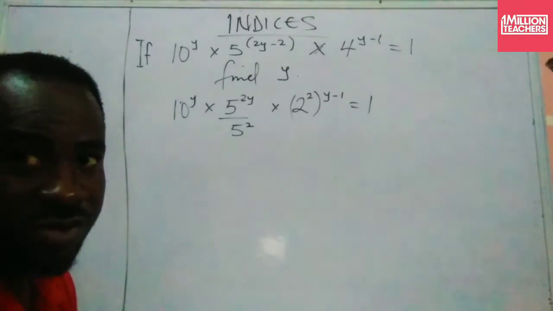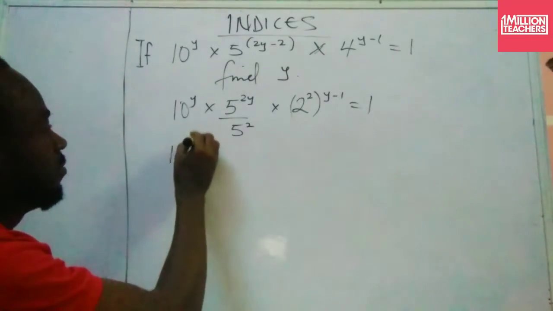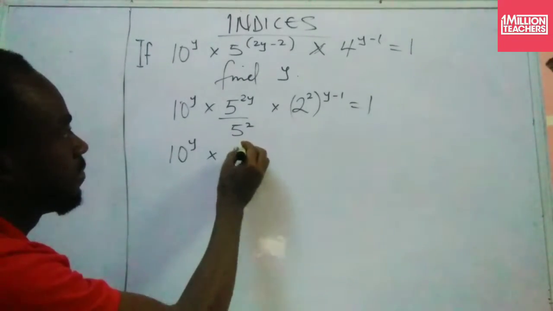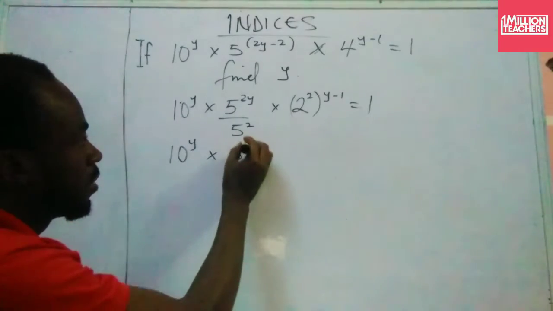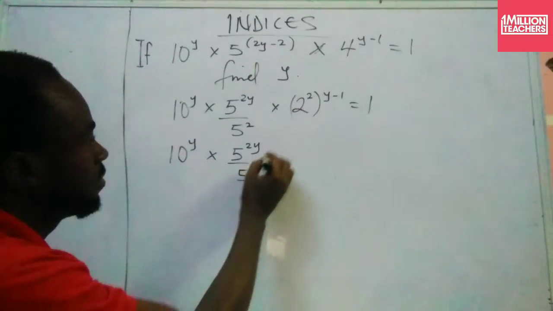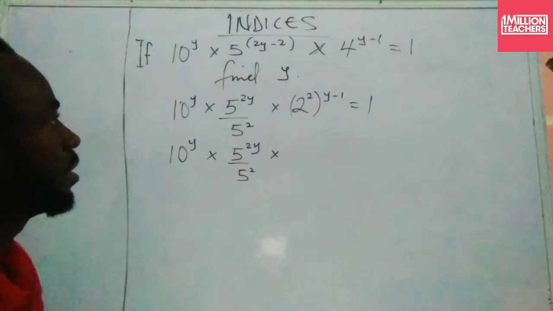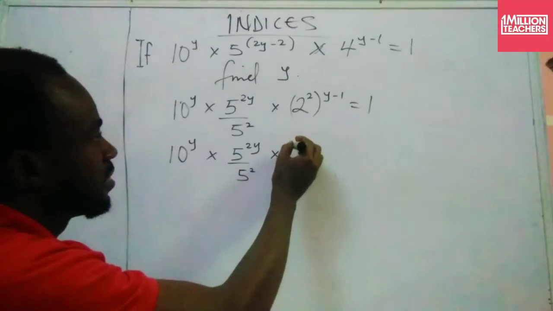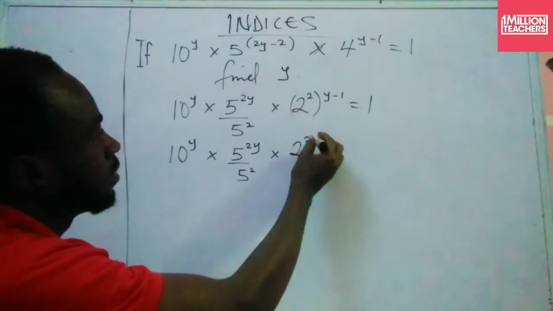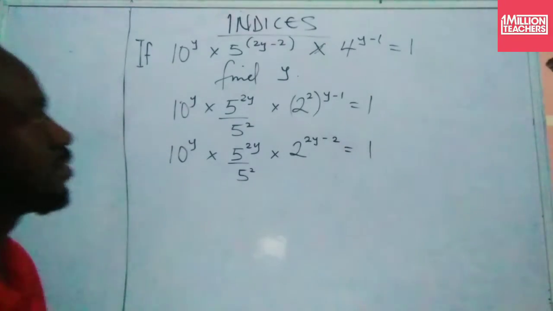So now the next thing I'm going to do is write this as 10 raised to the power of y times 5 raised to the power of 2y all over 5 raised to the power of 2 times 2 raised to the power of 2y minus 2 equal to 1.